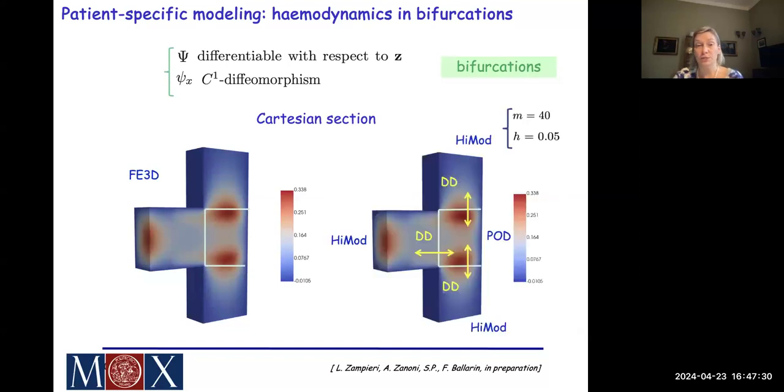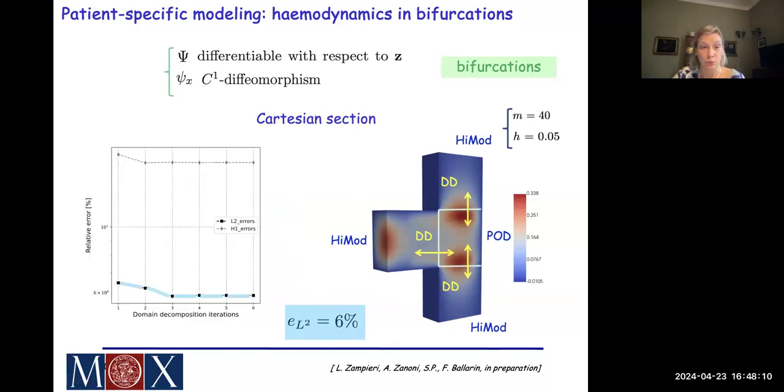So we have 3 subdomains, and as anticipated, we resort to HiMod along the branches and to the reduced formulation combined with POD in the central area, plus the domain decomposition approach. This is what has been obtained with the reduced formulation, and this is the error that we have with respect to the L2 norm.